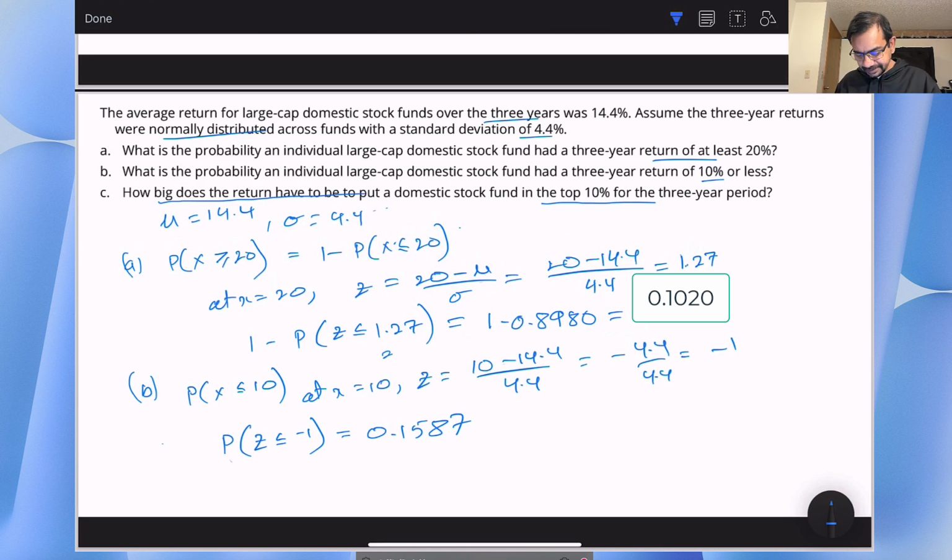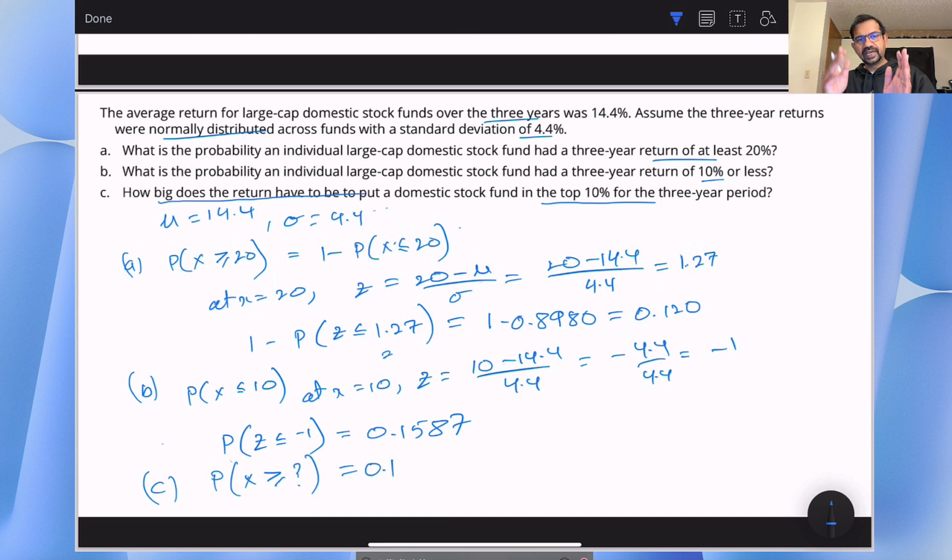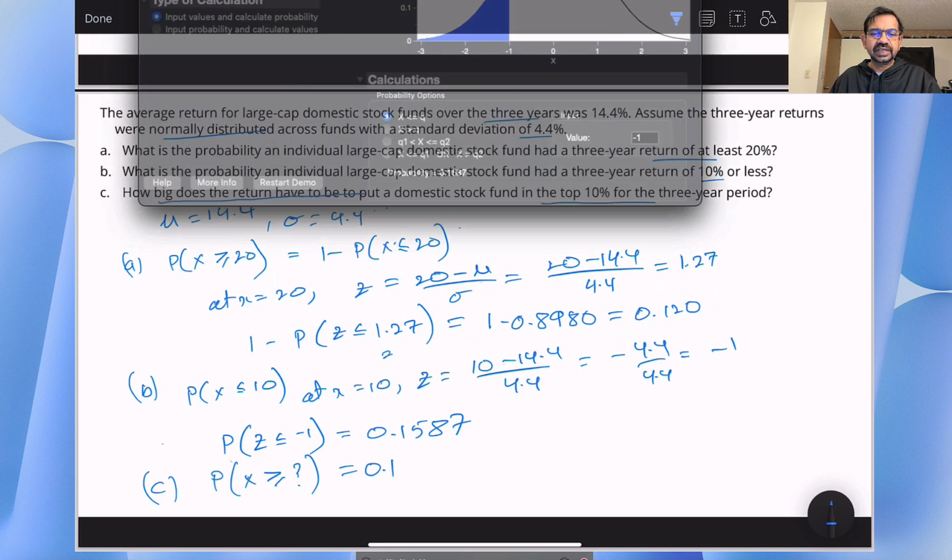In part C, we are given that the probability that x is more than what value is 0.1. So we have to be in the top 10% of the returns. We can look at it in JMP directly.